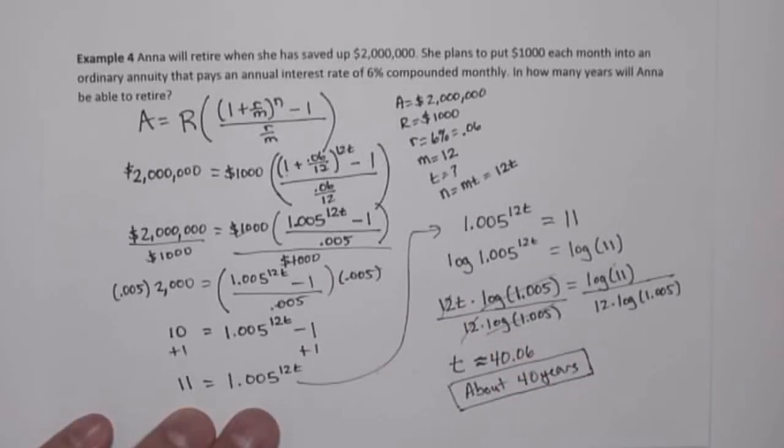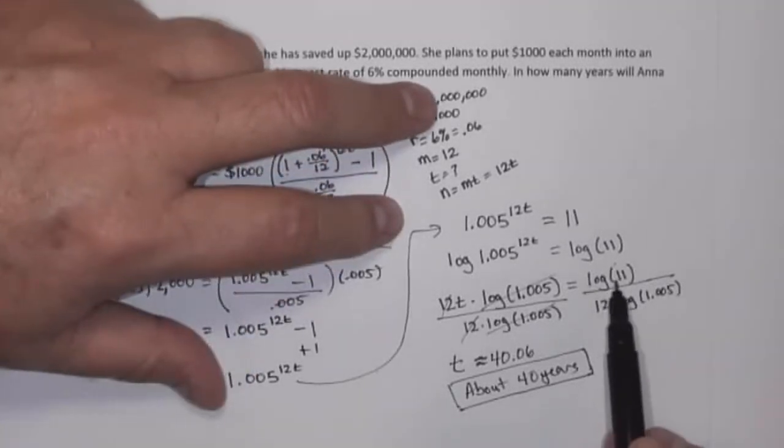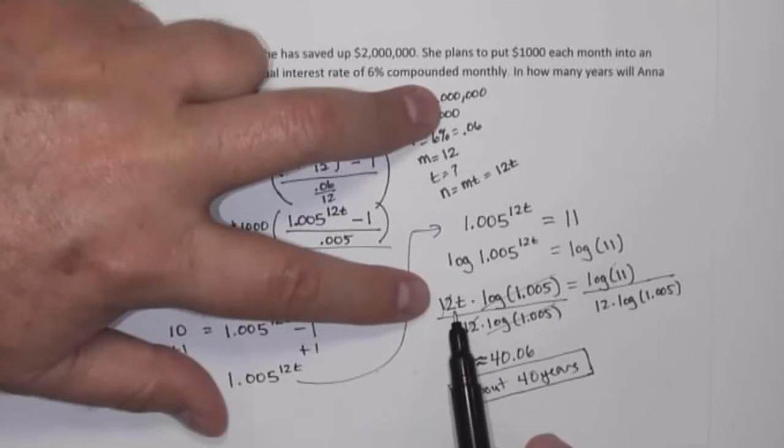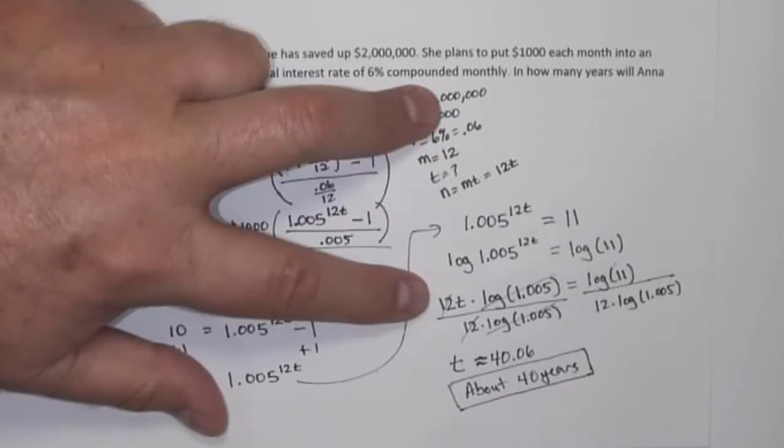I do want to point out really quickly that if you're uncomfortable typing this in the way that I did, we could have figured out what the log of 11 is, and we could have figured out what 12 times the log of 1.005 is.